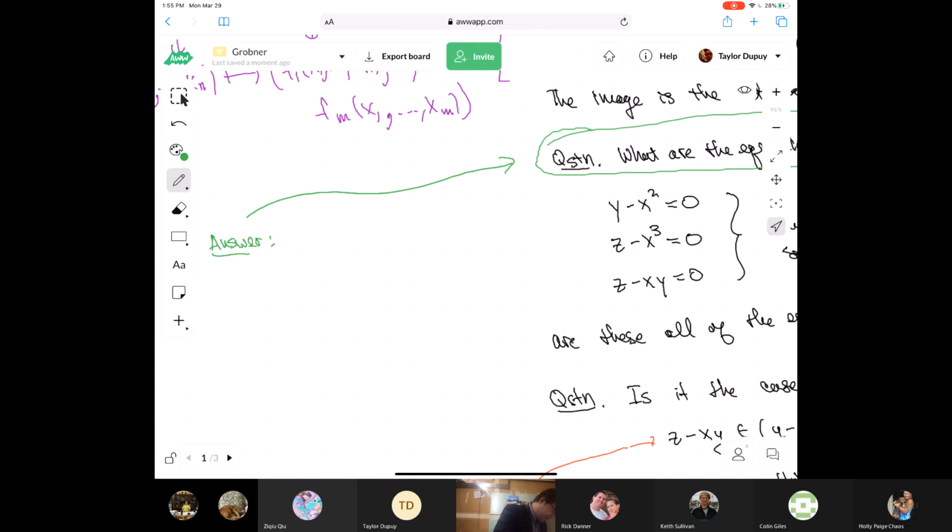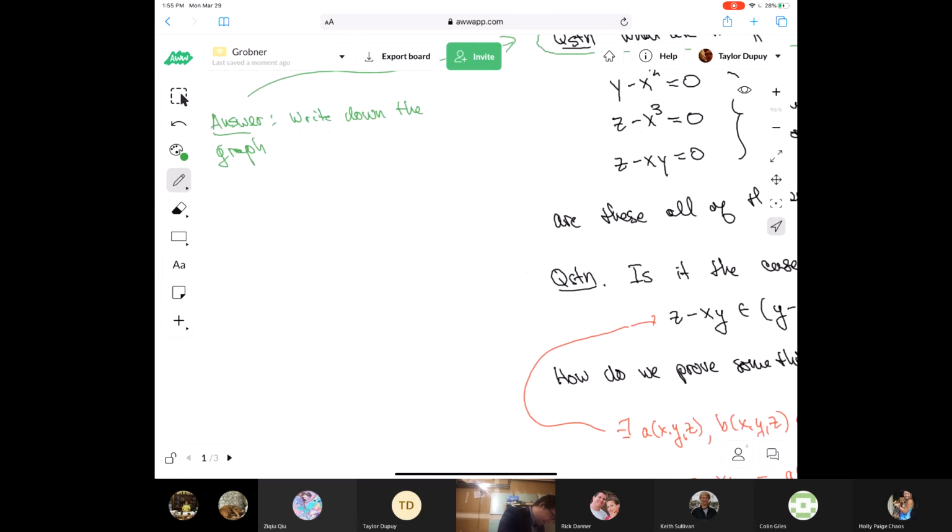is that you eliminate. You write down the graph here. So we have x is equal to t, y is equal to t squared, z is equal to t cubed.